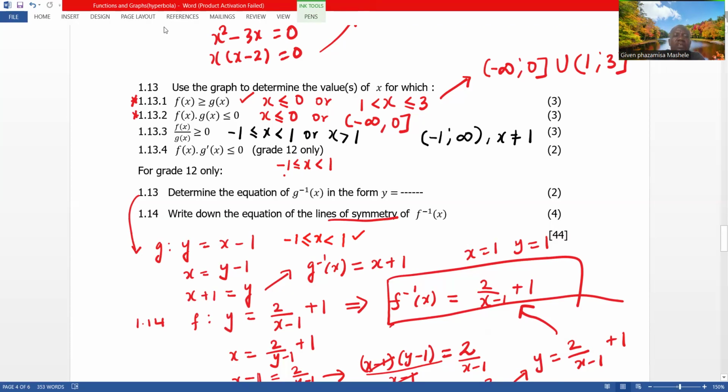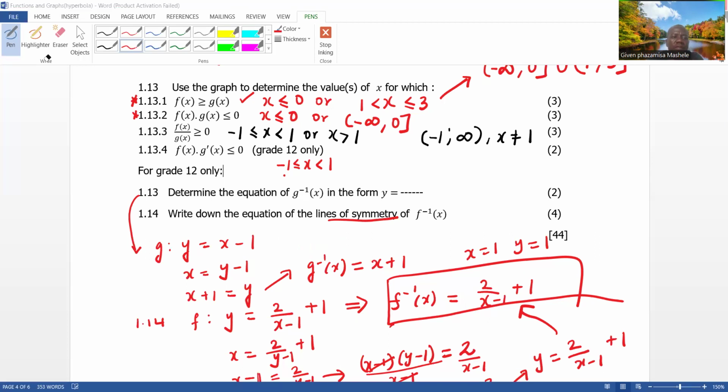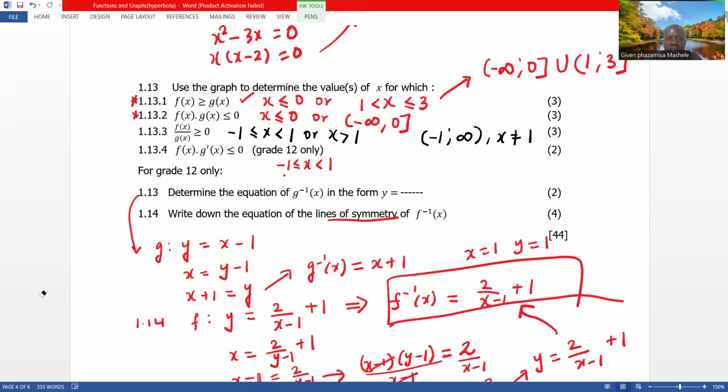Let me raise this. So from -1 up until 1, that's where we have the answer.